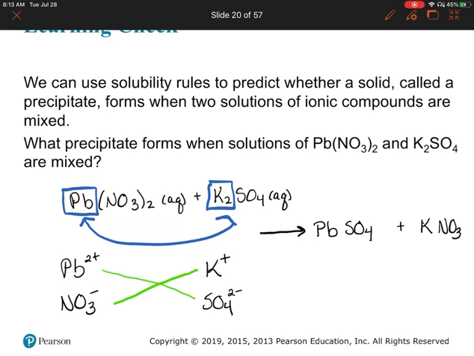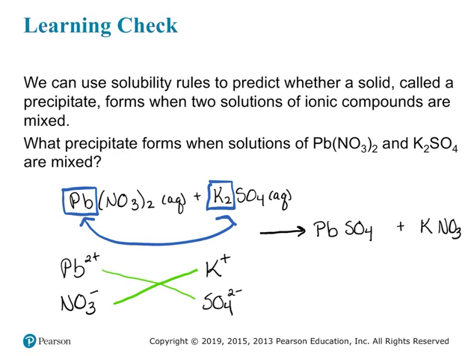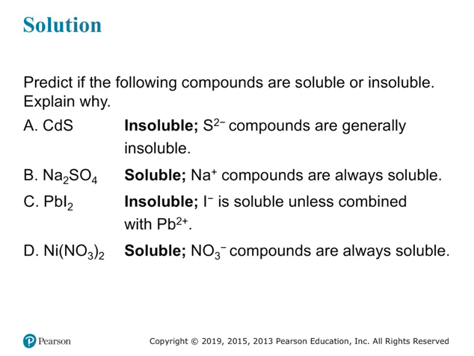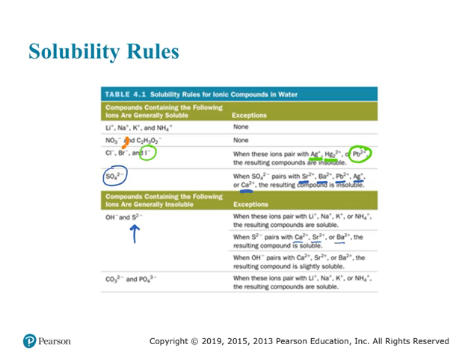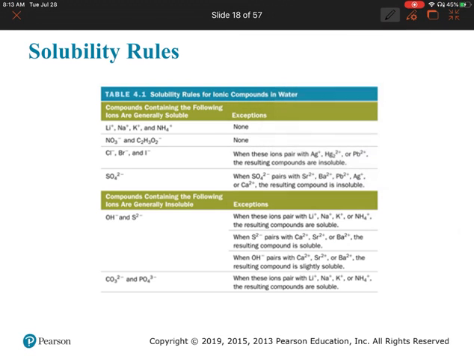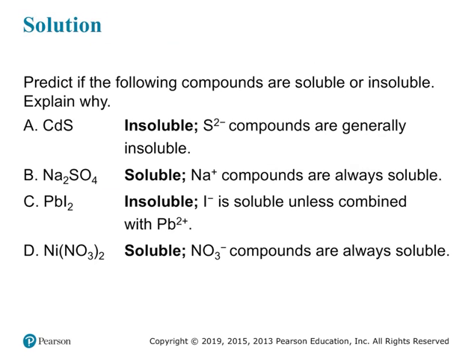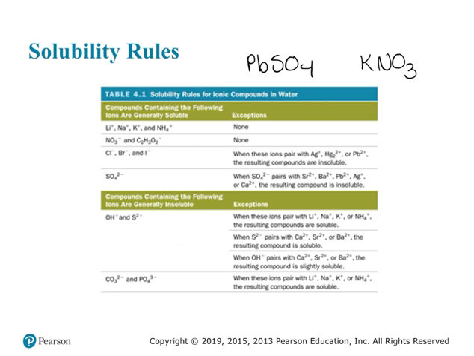Now let's figure out which product would be our solid product. Let's go back to our solubility chart. We're going to keep lead sulfate and potassium nitrate in mind. Here I'll just erase our notes from earlier. Let's see if those are soluble or insoluble.